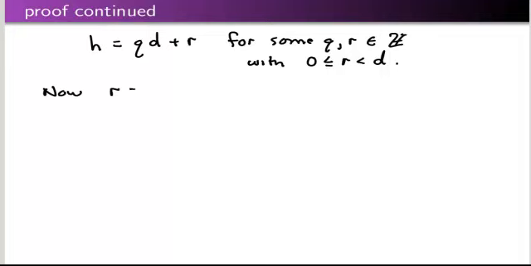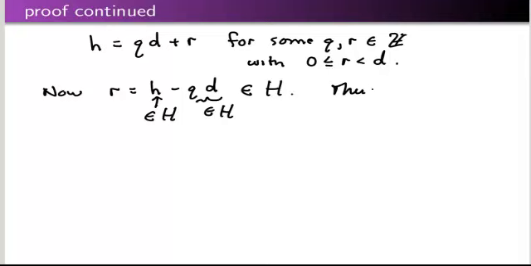Okay, now notice that r is h minus q times d. Well, h is in H, and qd is a multiple of d, so that's back in H, and H is closed under subtraction, so r is an element of H. Aha! But r is smaller than d, so by the minimality of d, what do we conclude?